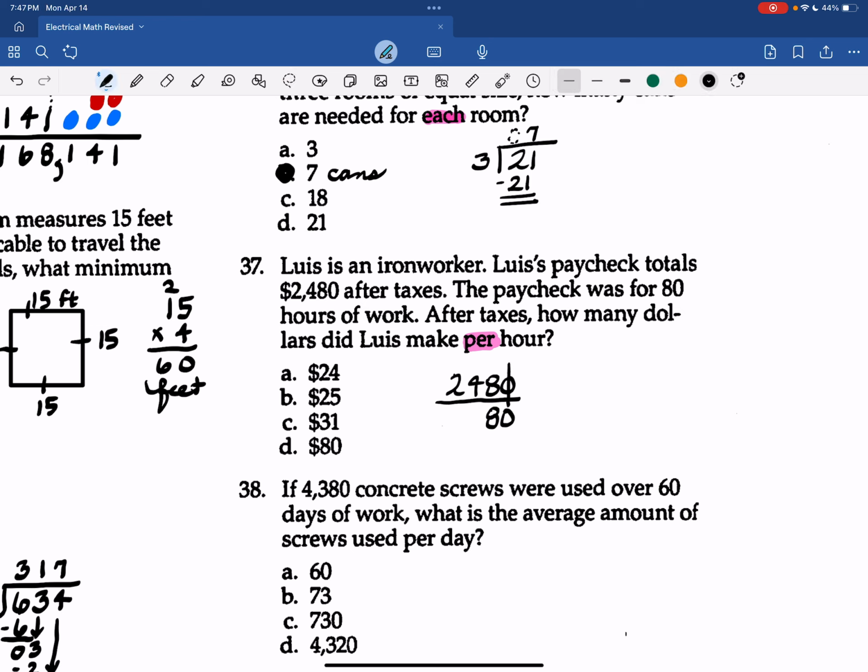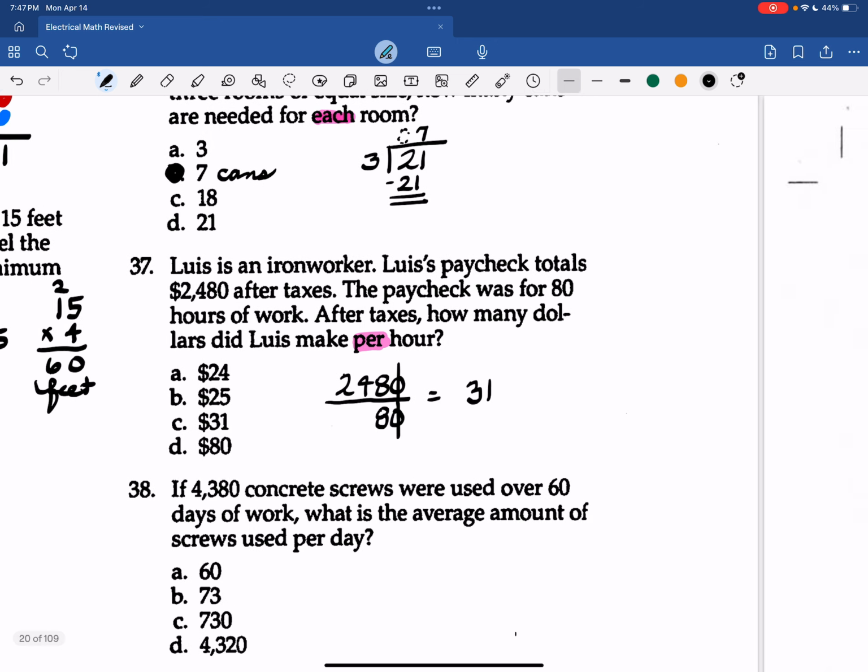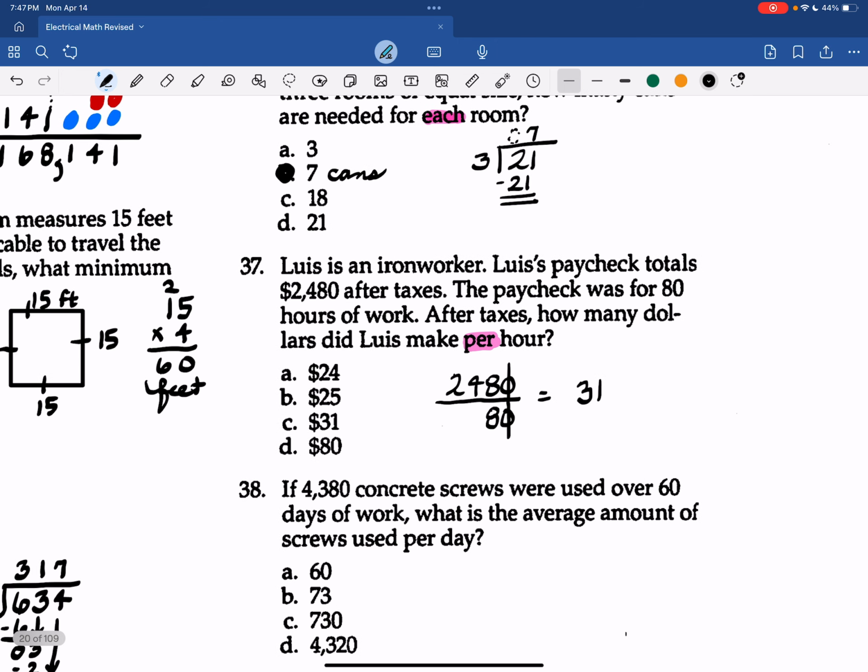You can cancel a set of zeros. You have to take an equal number top and bottom. 8 goes into 8 one time, and 8 goes into 24 3 times. So I am liking 31. But let's do it longhand and see if it still works. 2480 divided by 80.